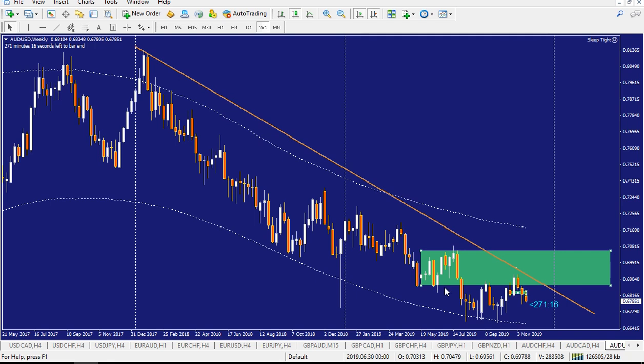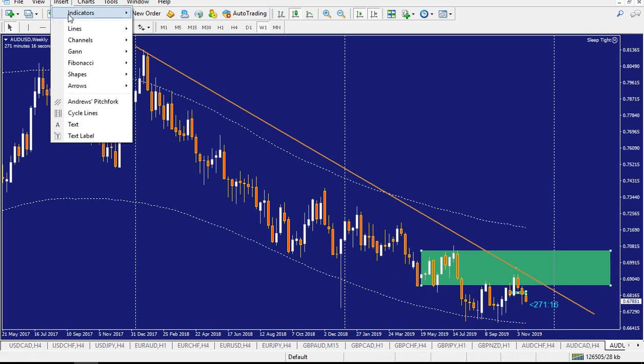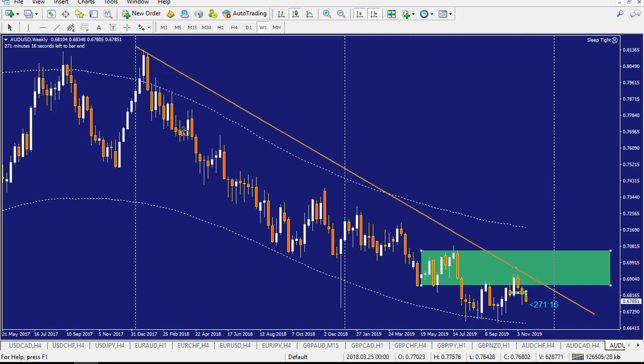And if we draw the zones just quickly to show you what I mean. Sellers going down, creating the first zone, coming back in to test it, going down again.